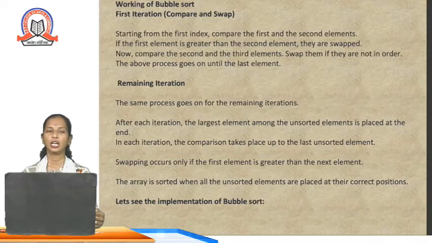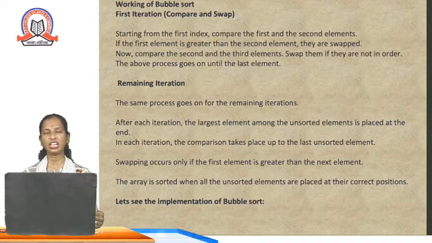In the first iteration, starting from the first index, comparison is done between the first and the second element. If the first element is greater than the second element, they are swapped. Swapped, as I already said, means interchanging the values. Then the comparison between the second and third element is done. If they are not in order, they are also swapped. This process is continued till we reach the end of the list or array.